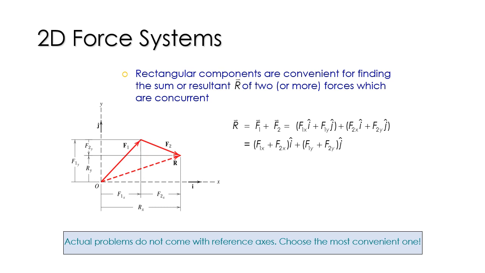To get the resultant R, it is convenient to first obtain the rectangular components of F1 and F2 and combine them in order to get the resultant vector R. For actual problems, they do not come with a reference axis, so you can choose the most convenient one for you.